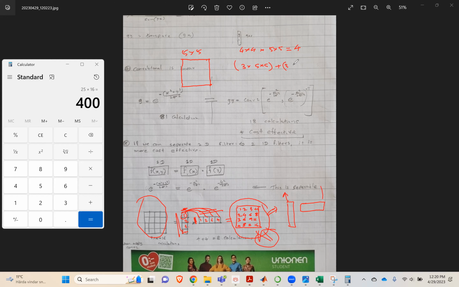So it's a 4 filter into 5 by 5. How many calculations? 25 into 4, 100. Earlier we got 400, right? Now we got only 200. So our calculations are much fewer, right?